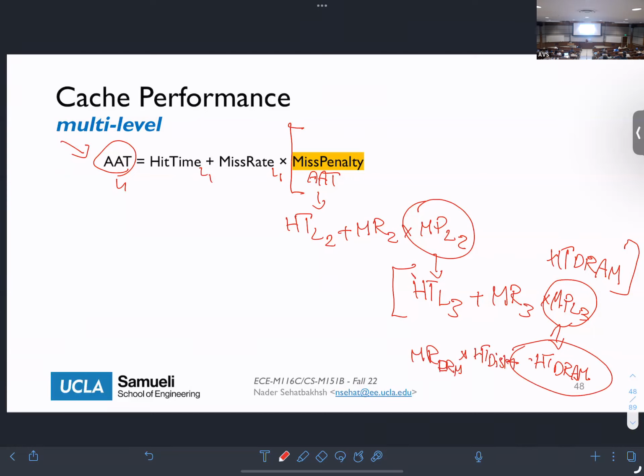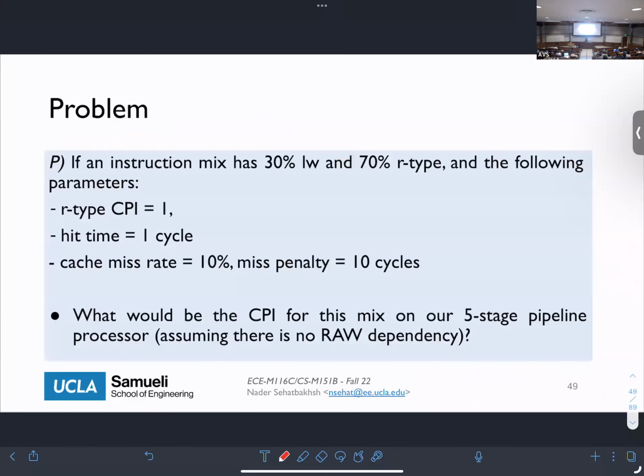As I said, there won't be a miss in disk, so at the end, it would be your disk. And these times are significantly higher. We are talking about 1,000 versus 1. That's the difference. Okay, so let's have a practice example for you.